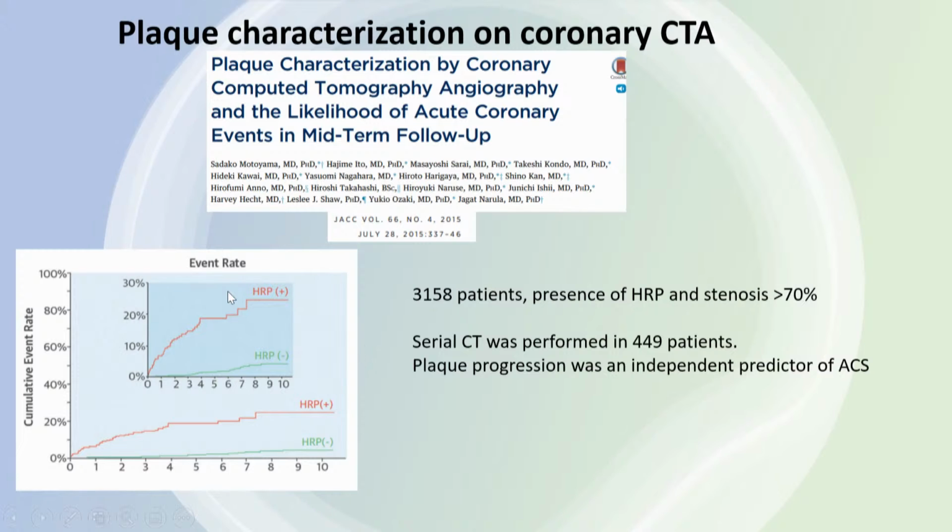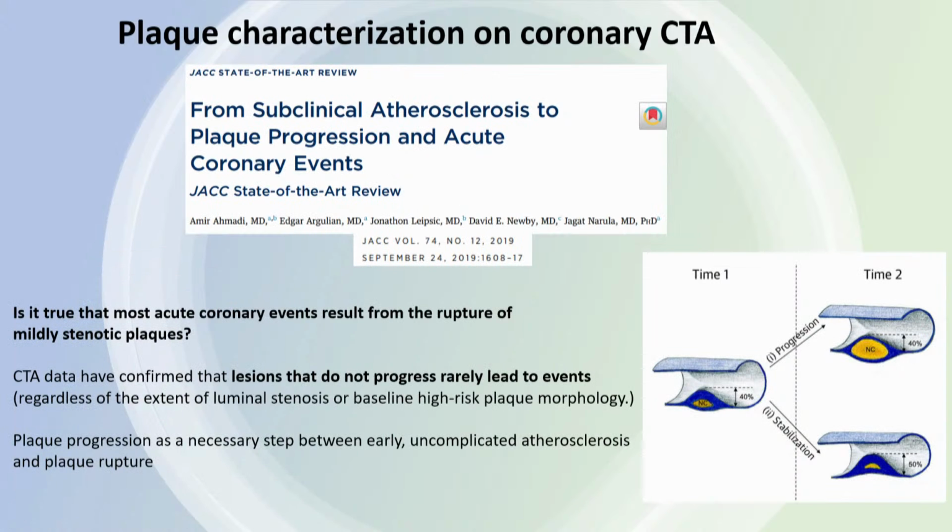So here are the event rates. Clearly, the HRP-positive patients have a much higher event rate compared to the HRP-negative patients. This is a nice review in JACC by Dr.